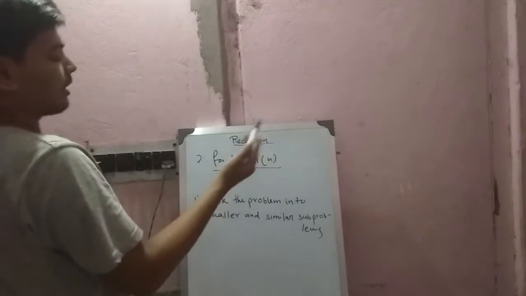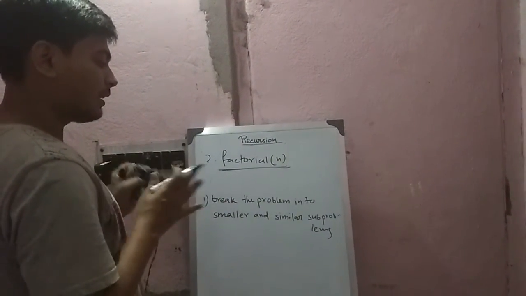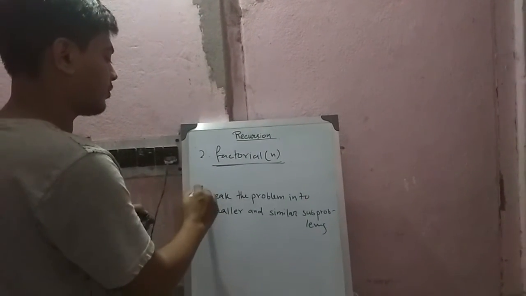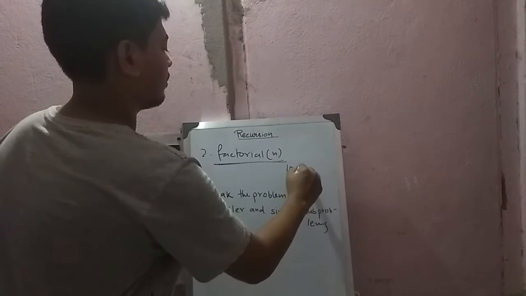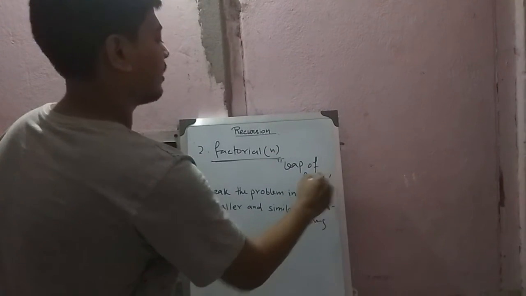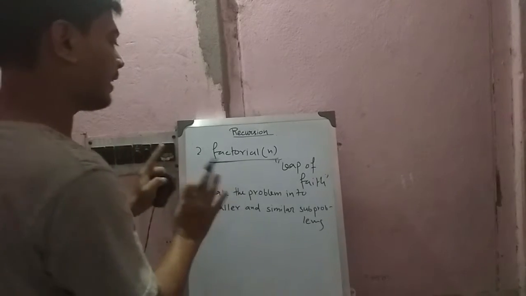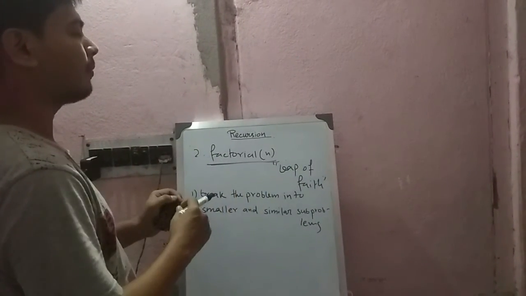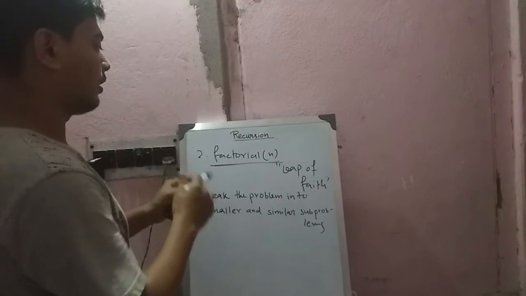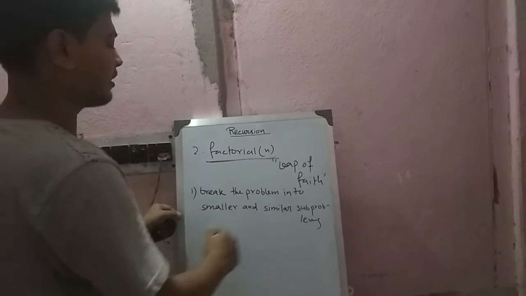First get the problem, like factorial of n, and then break the problem into similar and smaller subproblems. The trick is called leap of faith. You have to believe in your heart that whatever happens, you will break the problem into similar subproblems, and at last you will get the result. So you have to have faith in your custom function. So the first step is to break the problem into smaller and similar subproblems.